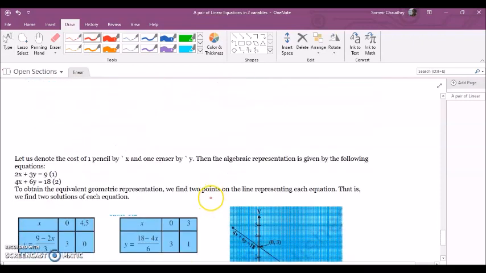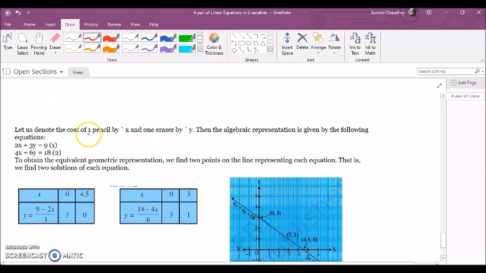Now look at this. We have one more pair to represent graphically. This is our first, means this is 2x plus 3y is equal to 9, and this one is 4x plus 6y is equal to 18.